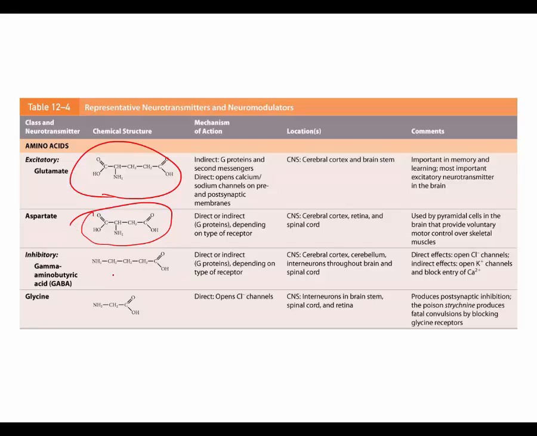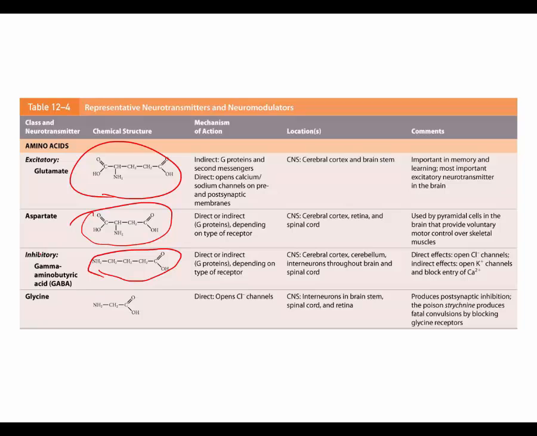We have one famously inhibitory neurotransmitter, and that is right here, GABA, gamma aminobutyric acid. There's only two ways to be inhibitory.